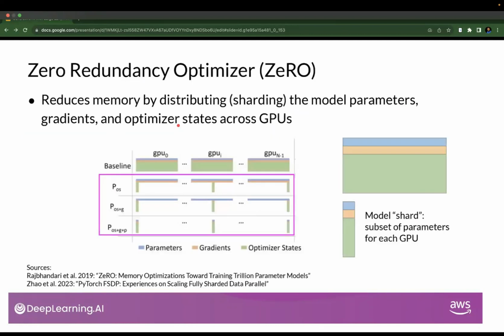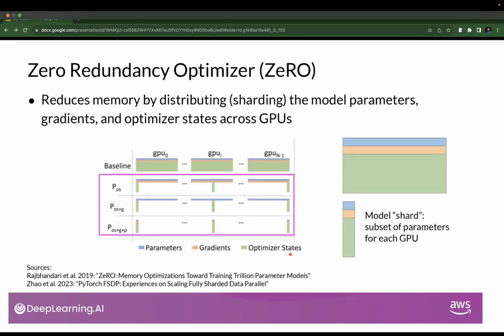To address that issue, there is the zero redundancy optimizer technique. There, you split the parameters, the gradients, and the optimizer states in such a way that each GPU trains a part of it. So instead of using one GPU, you use multiple GPUs to train the model in parallel.